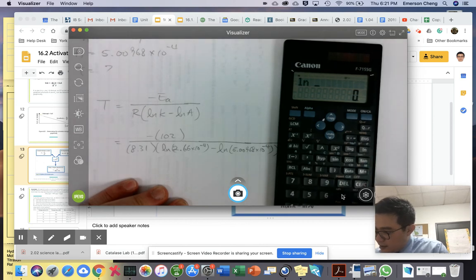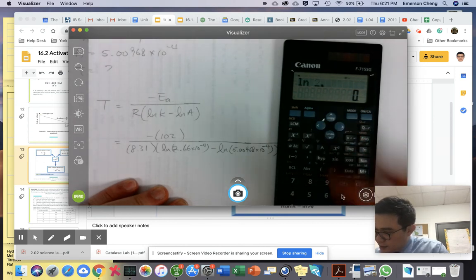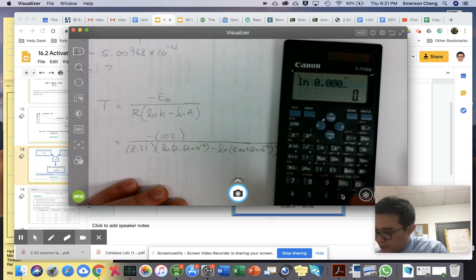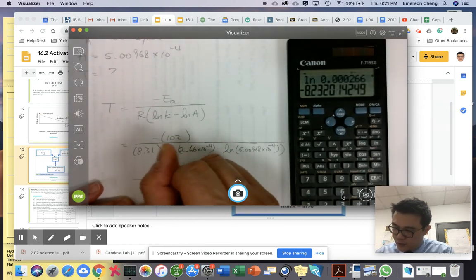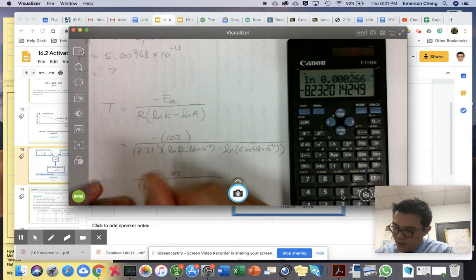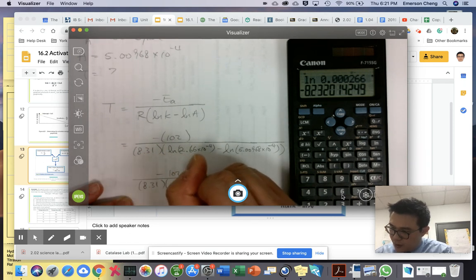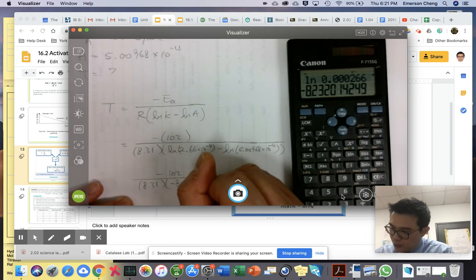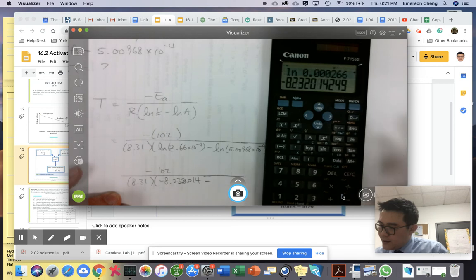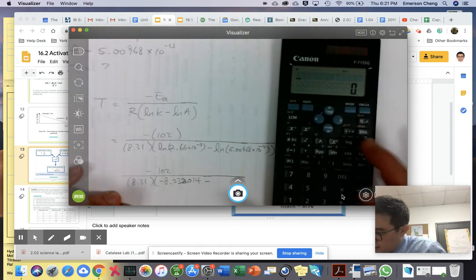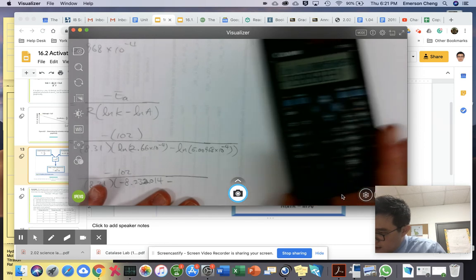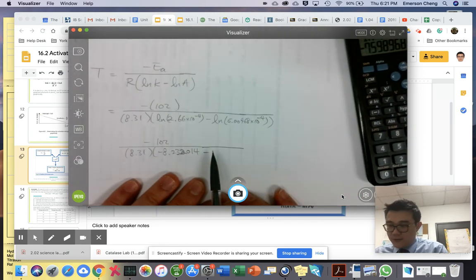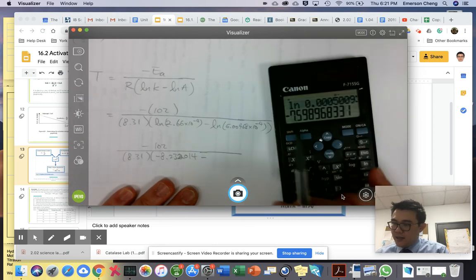So ln of 0.123266 equals, so I have here minus 102, 8.31, minus 8.232014, minus, carrying a lot of digits, ln 0.1235000968.